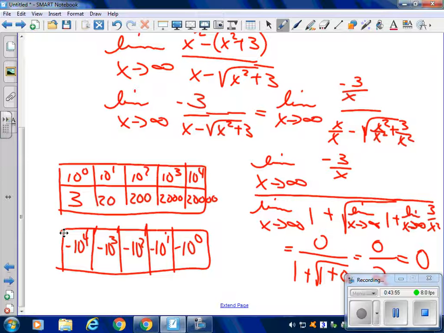Or this one? No. This one? Alright, so negative 0.15, negative 0.05. Is that what you're saying? Okay. 0.015. Oh. 0.0. Like that?